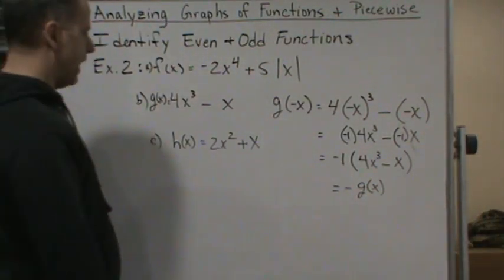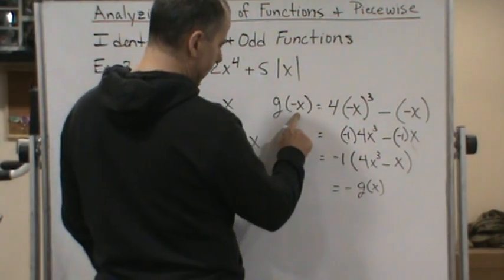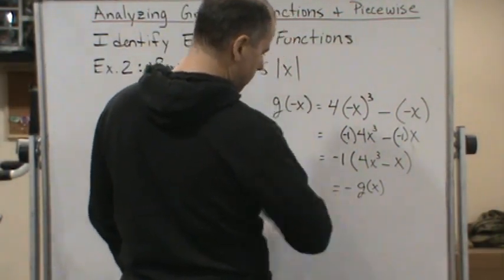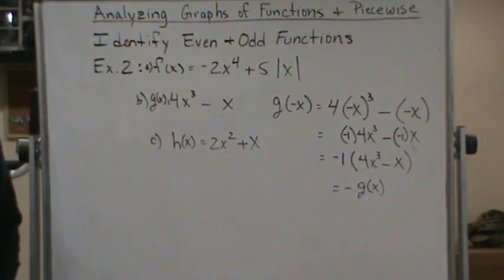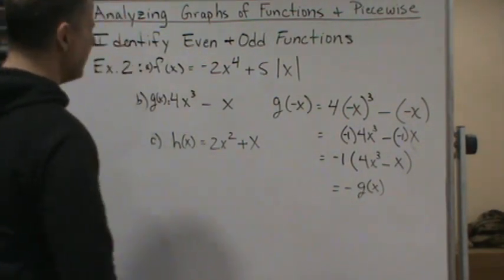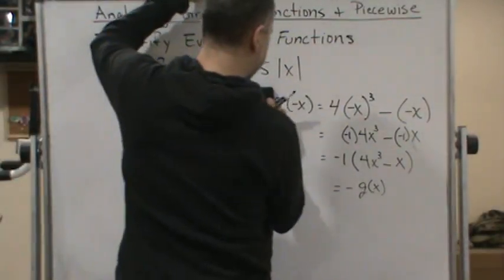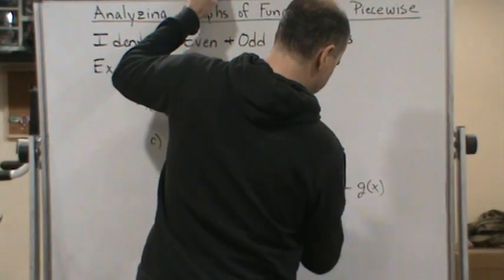So in this case, g of negative x equals the negative of g of x, which means that this is an odd function. All right, cool. So part A is even, and part B is odd.